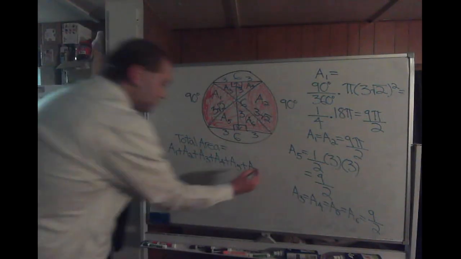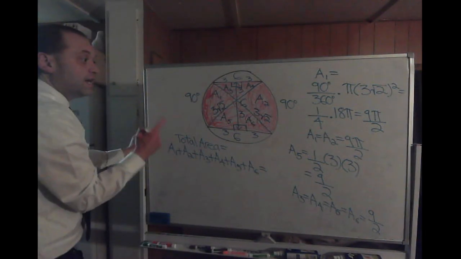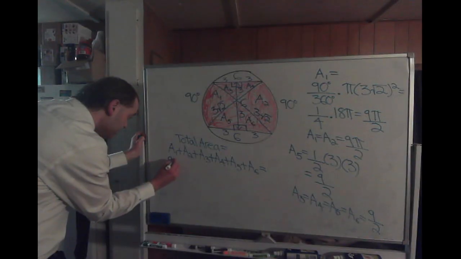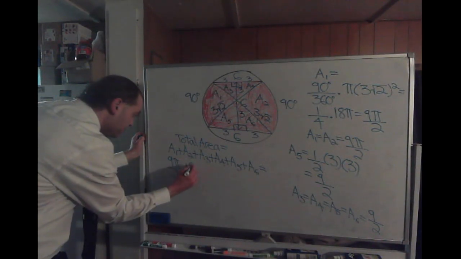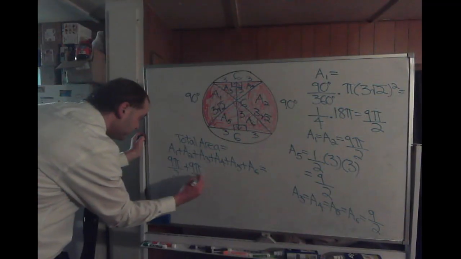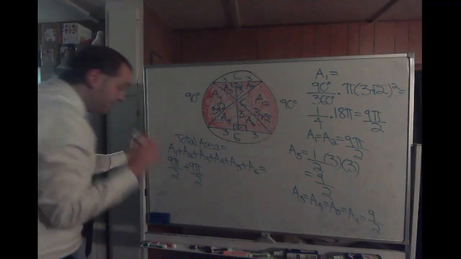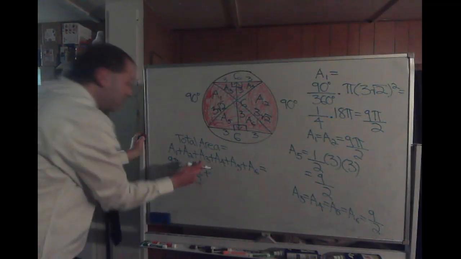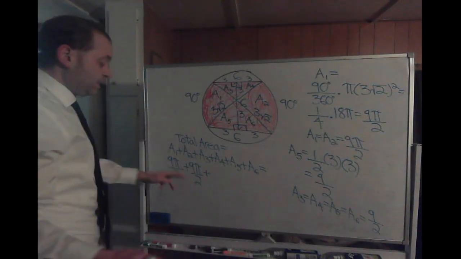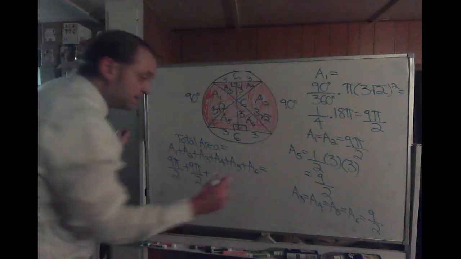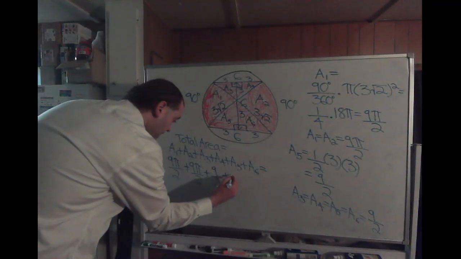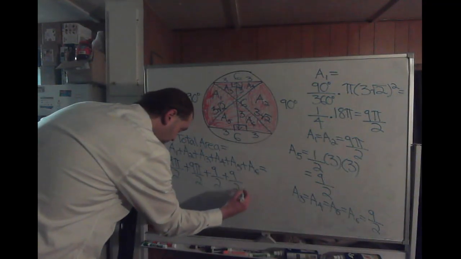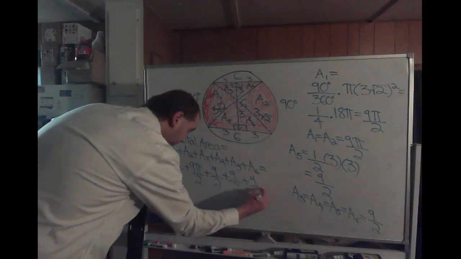Then, of course, you just plug in those respective values. Area 1 is 9 pi over 2, plus another 9 pi over 2 for area 2, plus area 3 is going to be what? Just 9 over 2, and then you'll have plus 3 more 9 over 2s.